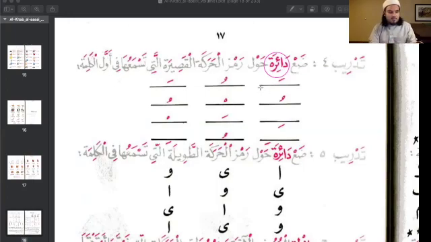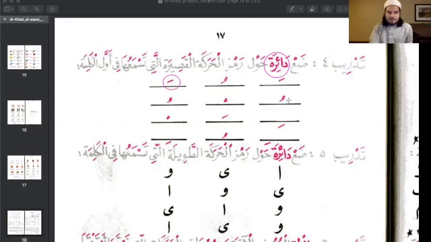Right. ثور. ثور. تسمع فتحة ضمة أو كسرة. فتحة. ثور. تمام.